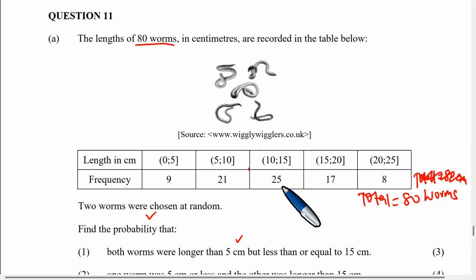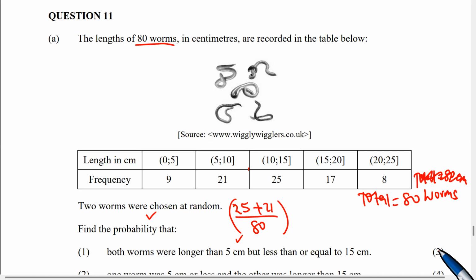So you're looking at 25 plus 21, divided by 80, because the worms are 80 altogether. But obviously we're looking at both worms.